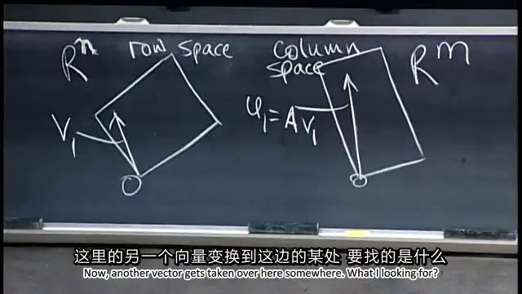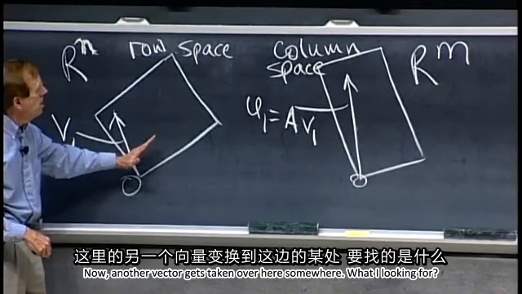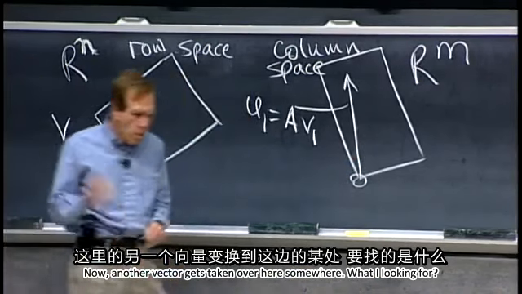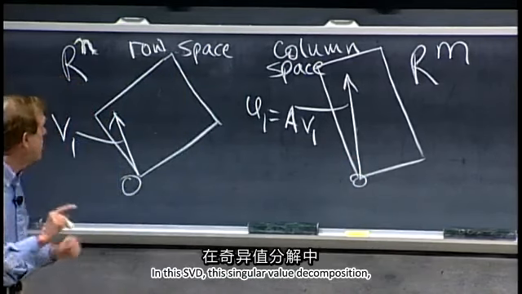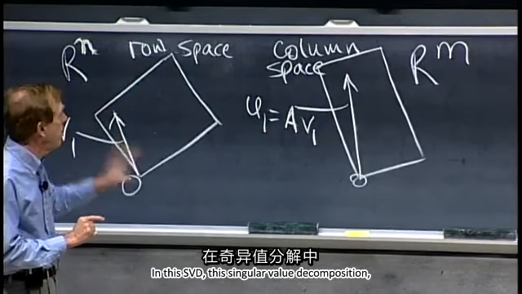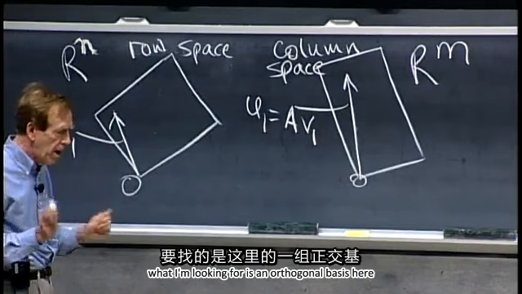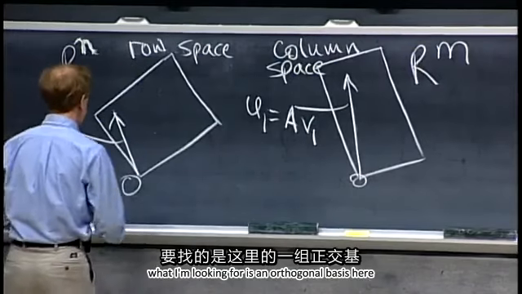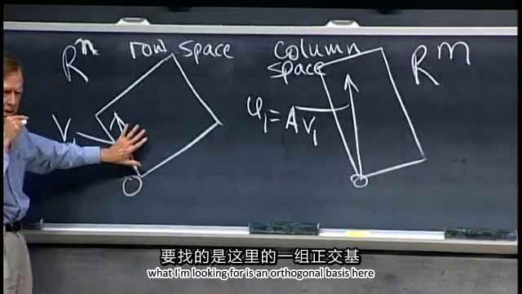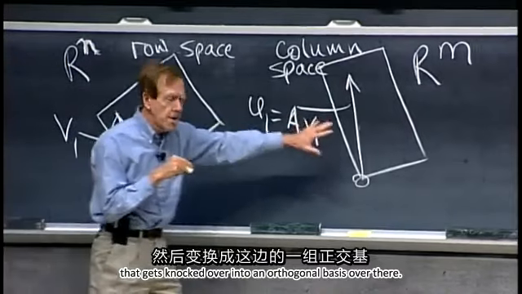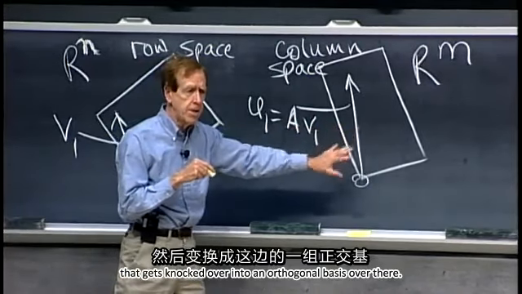Okay. Now, another vector gets taken over here somewhere. What am I looking for? In this SVD, this singular value decomposition, what I'm looking for is an orthogonal basis here that gets knocked over into an orthogonal basis over there.